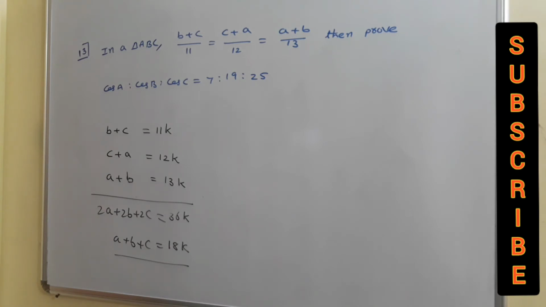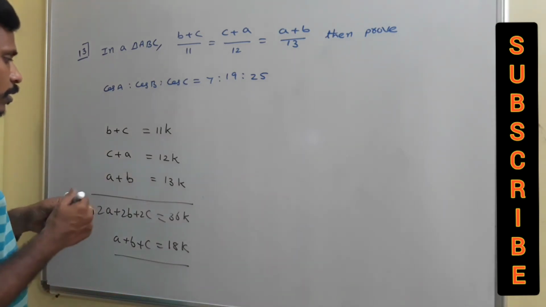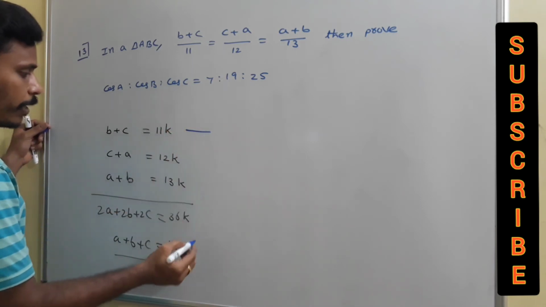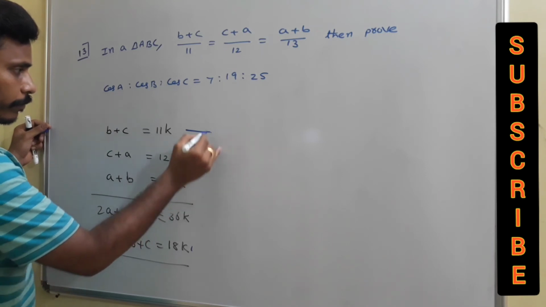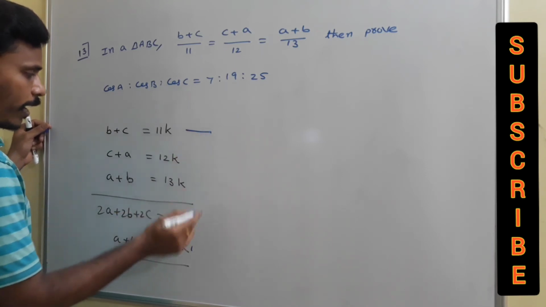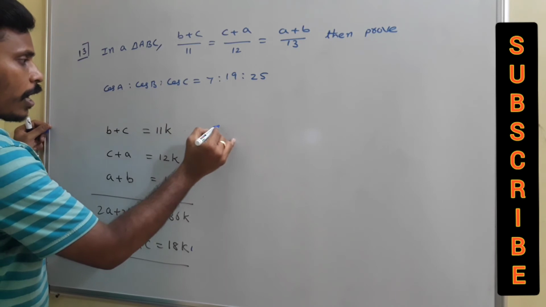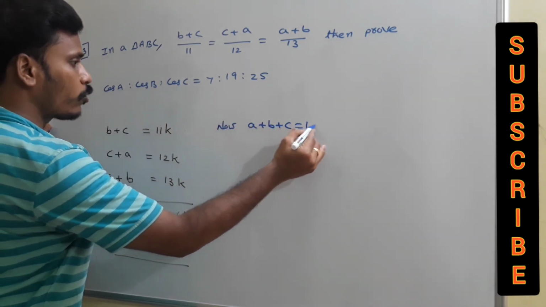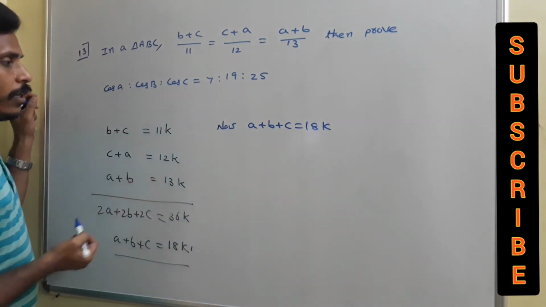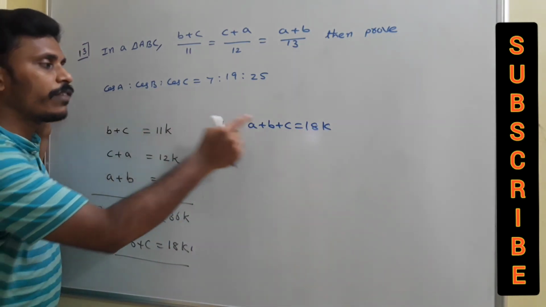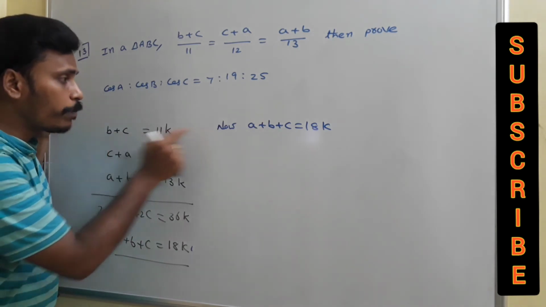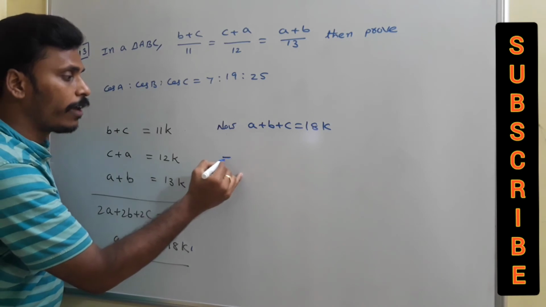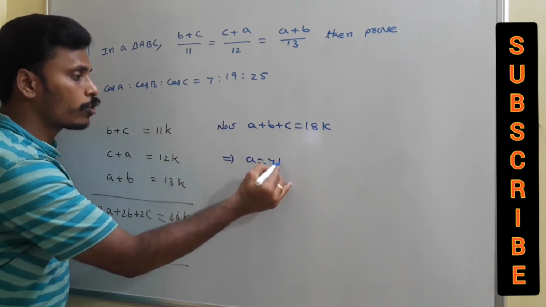Observe b plus c and then a plus b plus c. Now a plus b plus c is 18k. If you replace b plus c with 11k here, then you will get a is equal to 7k.